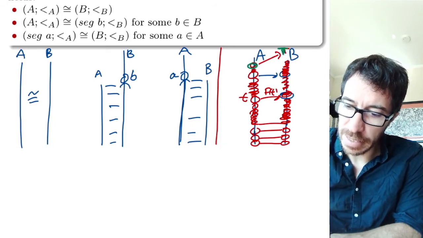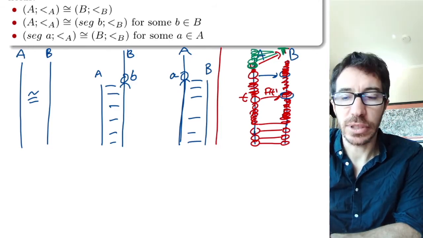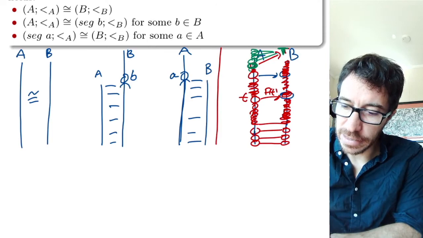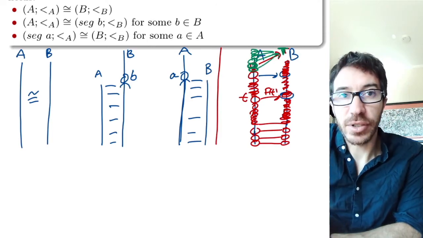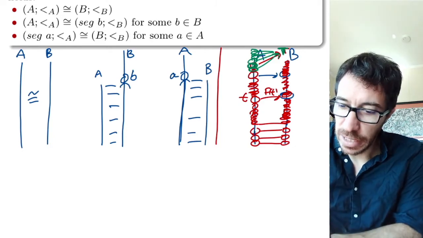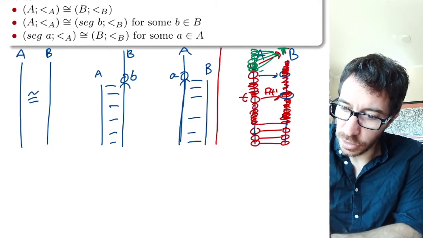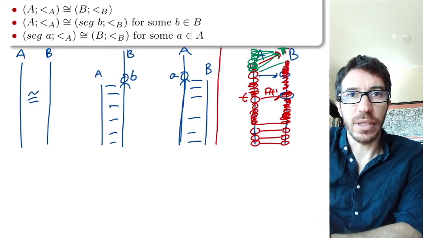So there must be some element mapping to it. Actually, all the elements later are going to be mapped to it too. There are going to be many elements mapping to t. But there is going to be a least element mapping to t because it's a well-ordering, so every subset has a least element. And all the previous ones are going to be in one-to-one correspondence with B.